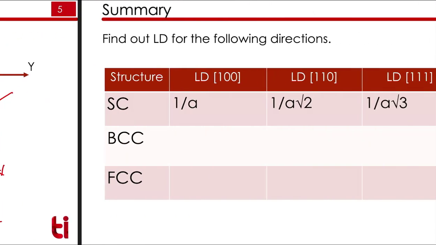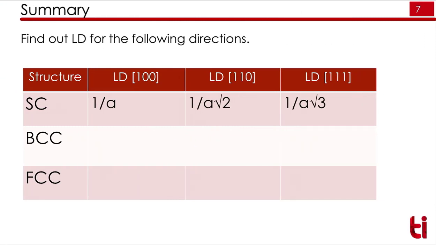Right? So I have summarized the linear density of simple cubic in this table, and I encourage you to find the linear density of BCC and FCC along the 3 directions. One thing you can observe from here is that the linear density is different in all 3 directions.